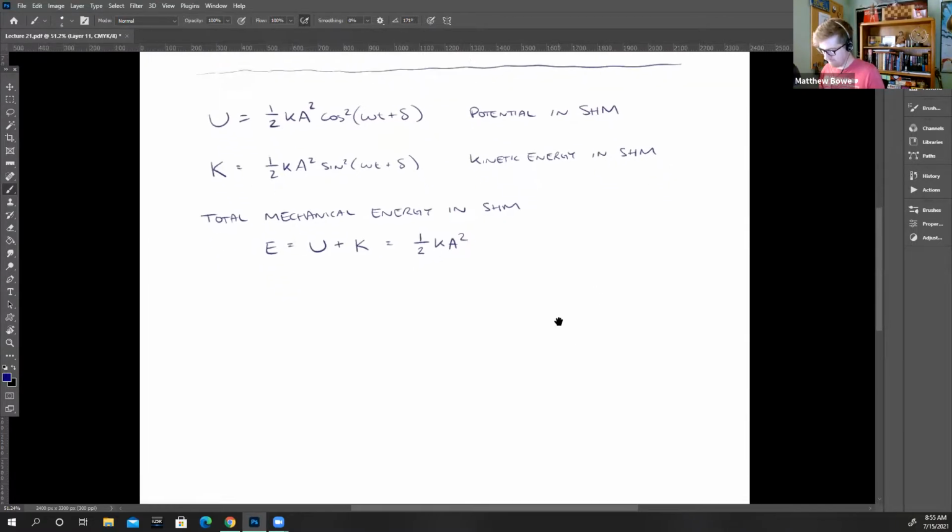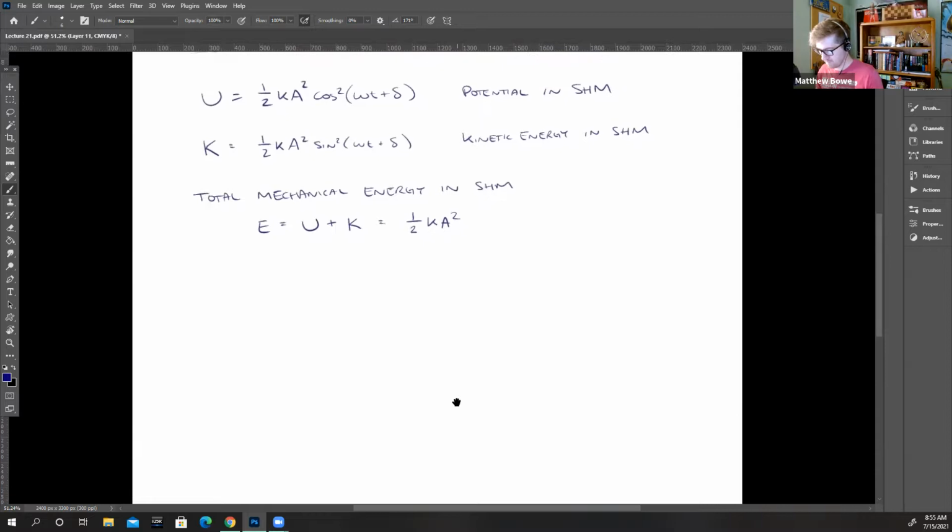All right, let me try to make sense of these equations here. Again, I haven't derived these.